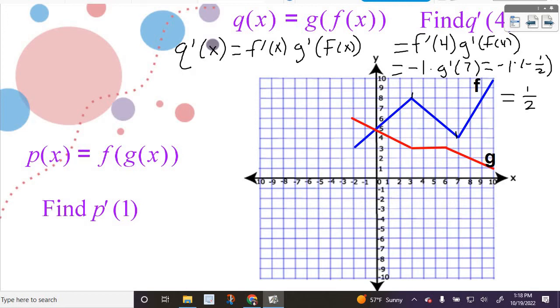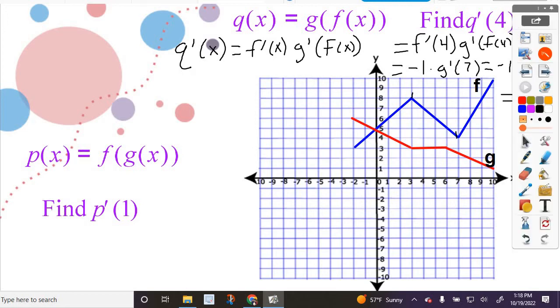Good. Okay, let's do another one. We're looking at p of x this time. The only difference is that our f and g have switched places, but I'm still going to work it the same way.